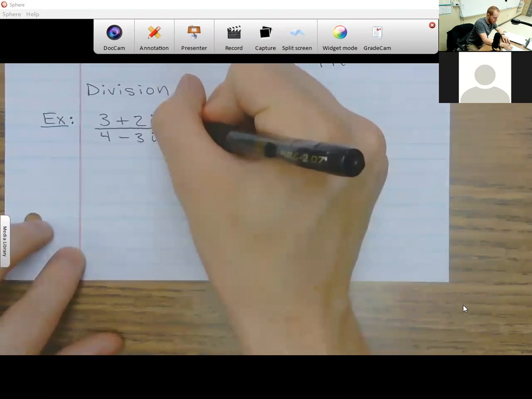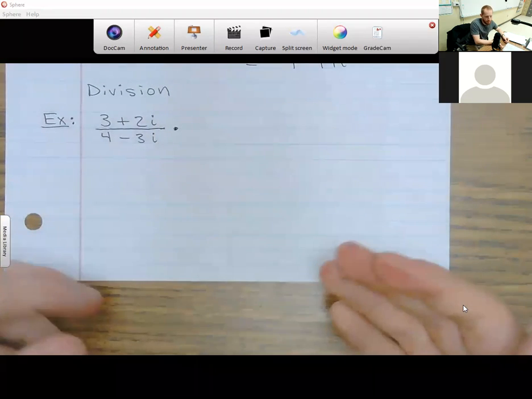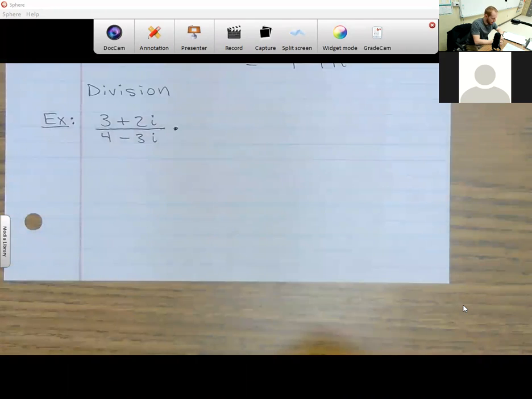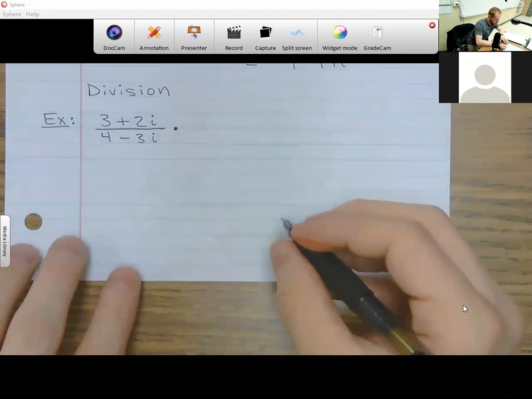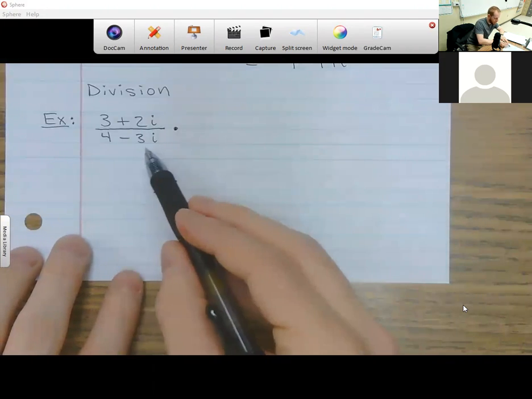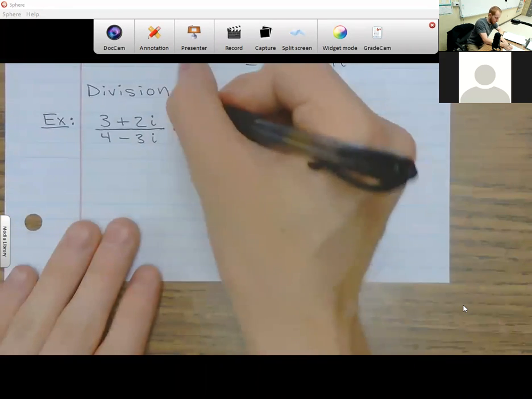We're going to start off by multiplying by the bottom, but before we multiply by the bottom, we need to find the complex conjugate of the bottom. So what's the complex conjugate of 4 minus 3i? Well, I'm going to keep my real part the same.